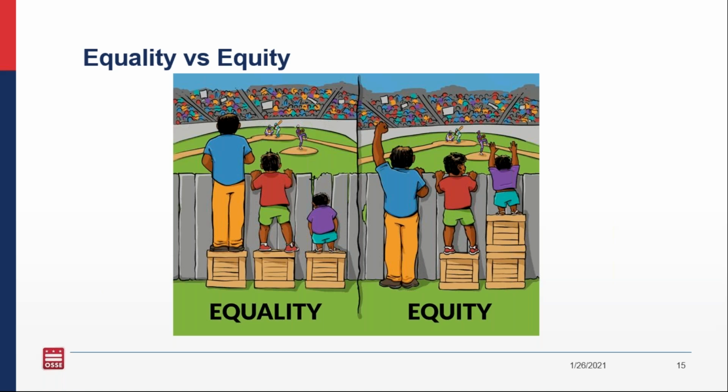That's equality because they're all standing on the same size box. But on our right, we see that the adult has now given the smallest child his box, so they're all able to see the baseball game. So that's equity. Basically, that's our goal when using accommodations and accessibility features, or more specifically accommodations. We want to level the playing field for our students and give them access like their non-disabled peers.